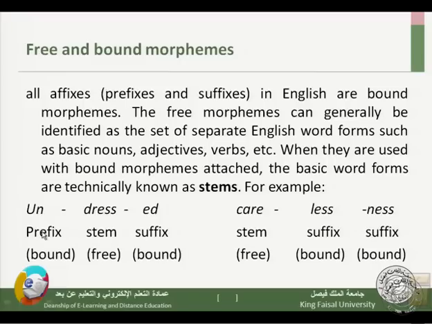What comes before is a bound morpheme, and what comes after is a bound morpheme. So the prefixes are bound morphemes, the suffixes are bound morphemes. Another example, carelessness. It is a noun, but the original part of this word is care, and that's the stem. It is a free morpheme. The other two parts are bound morphemes, as they are two suffixes.